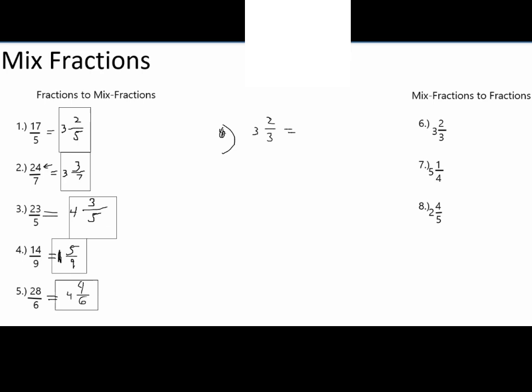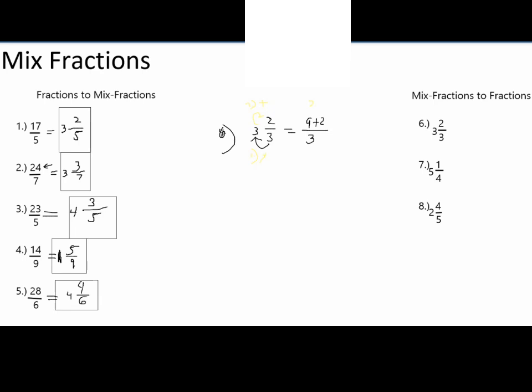The first thing we're going to do is multiply 3 times 3 and then add it to the numerator. We're going to copy the denominator and add to the numerator. So let me just highlight the numbers here. First of all, ang ginawa natin is multiply natin yung 3 times 3. And yung product na yan, we're going to add sa numerator as our second step.